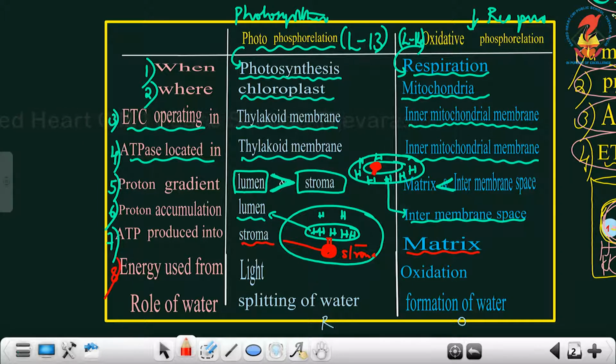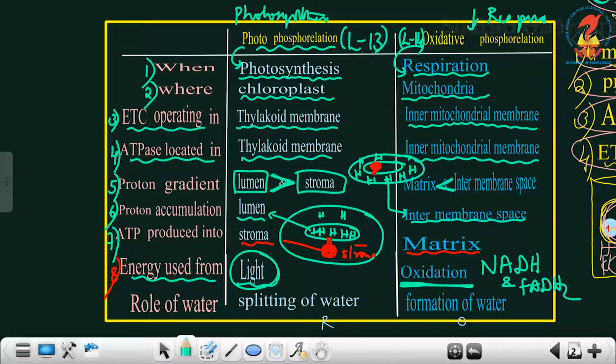Then 8th feature, is energy used from light? Yes, because it is during photosynthesis, whereas here the energy is utilized by the oxidation of molecules, the energy molecules NADH, as well as FADH2.